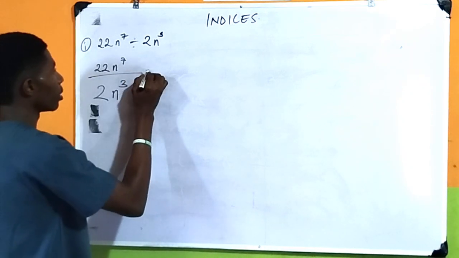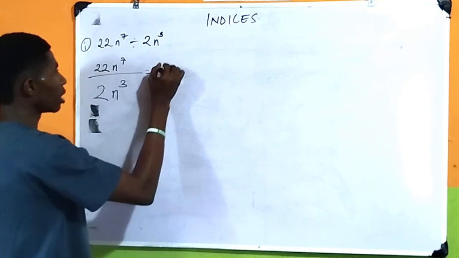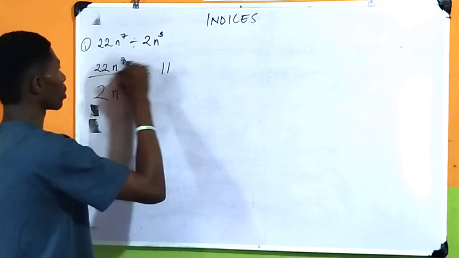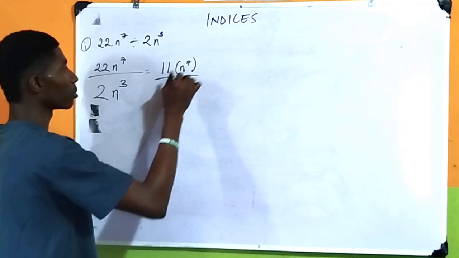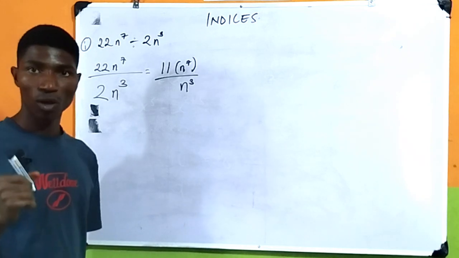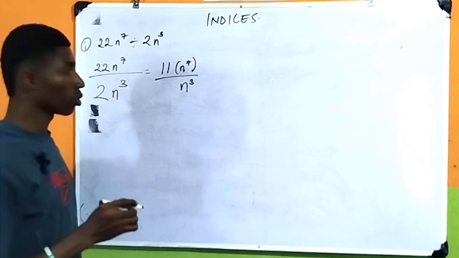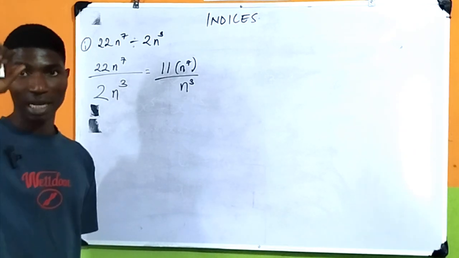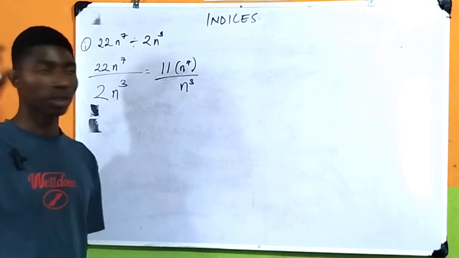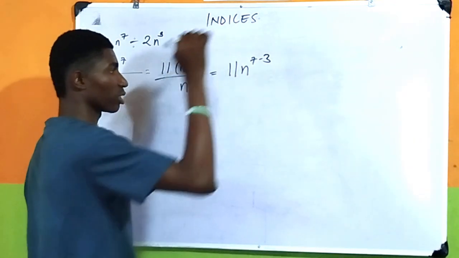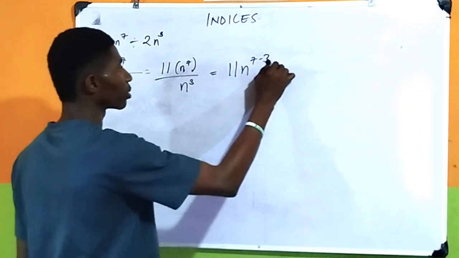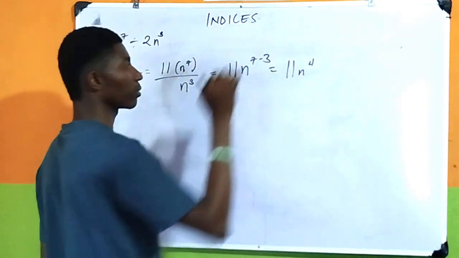Now 22 divided by 2 is 11. Then I have n^7 and also n^3. According to the division law of indices, so long as the bases are the same, you subtract their powers or exponents. So I have 11n^(7-3), which is equal to 11n^4.